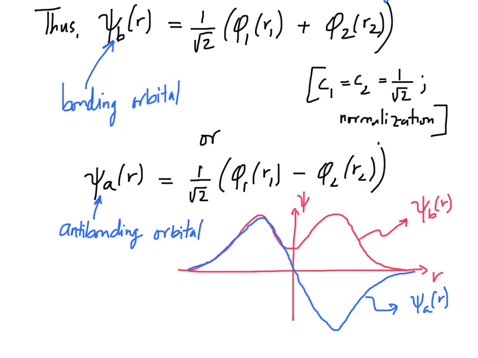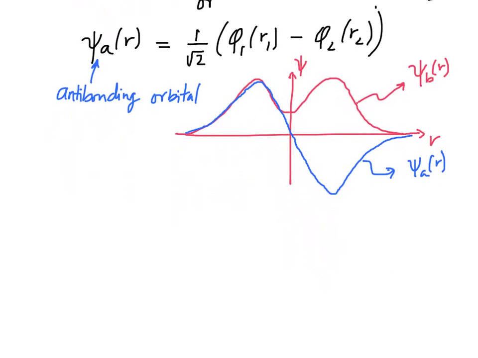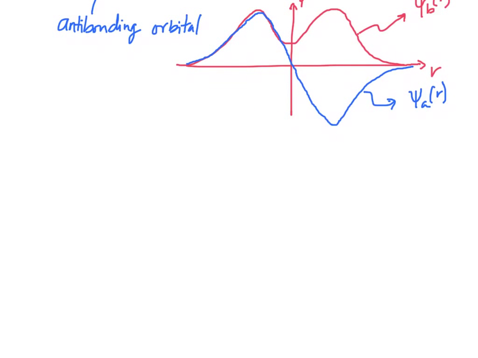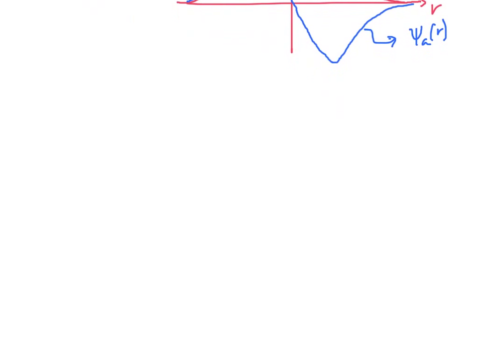We know the values of C1 and C2 for the two solutions, the bonding and the anti-bonding solutions. We can use that information now to compute the electronic energy. Remember, our goal was to determine the total energy of the system via the computation of the electronic energy. So that's really our next step.